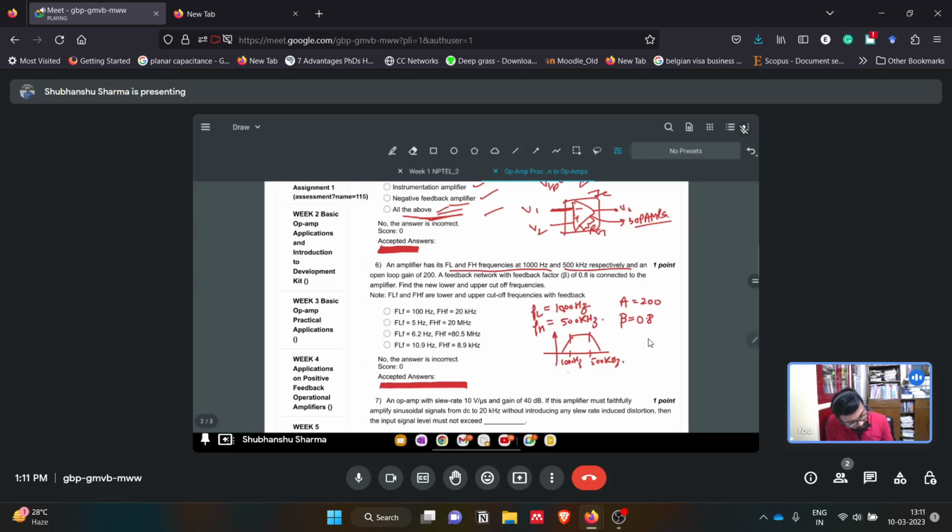You can also say that this has been achieved using a high pass filter, and this has been achieved using a low pass filter.